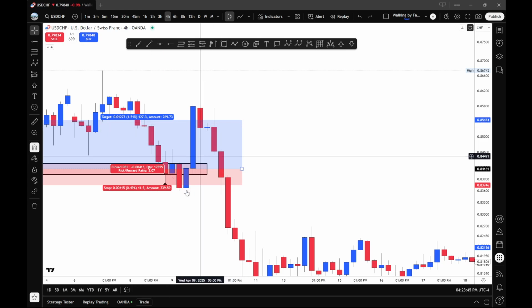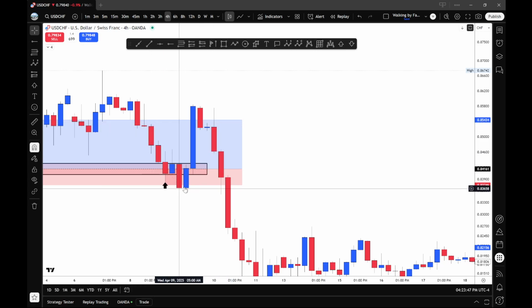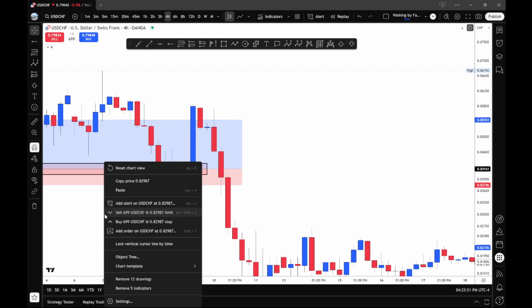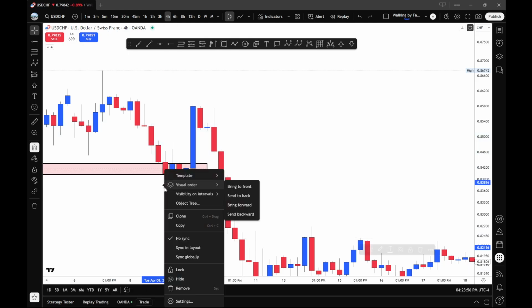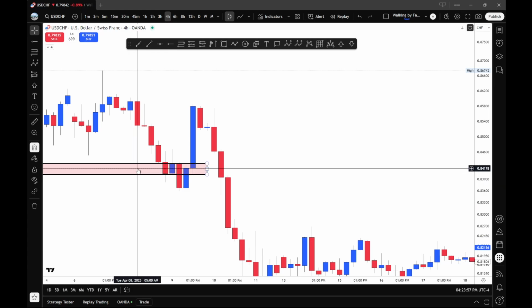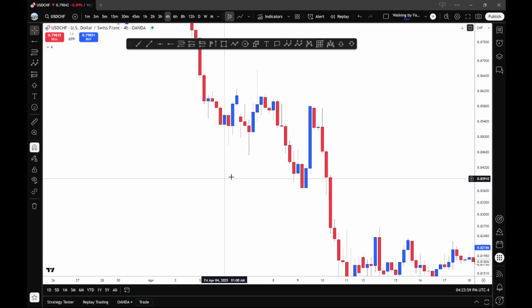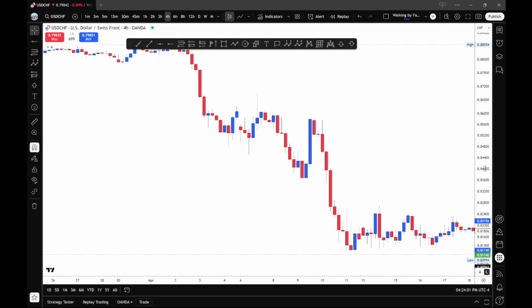But if this would have never hit our stop loss, or we would have had a stop loss lower, this would have been a beautiful 3-1. But it hit our stop loss before hitting our target. You see, this is also good because depending on where we place our stop loss will also determine if we win the trade.